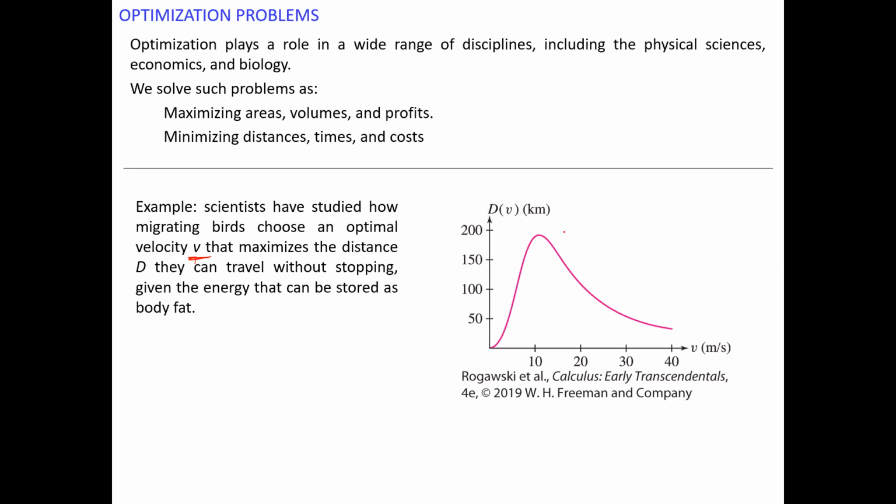We can see in the graph the maximum is about 11 meters per second. With that velocity, they will maximize the distance to travel. Even the birds know the optimization problems.